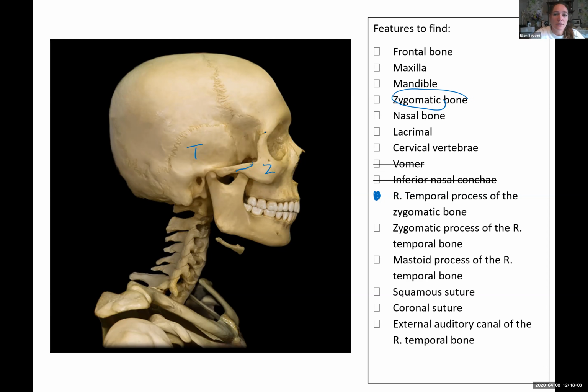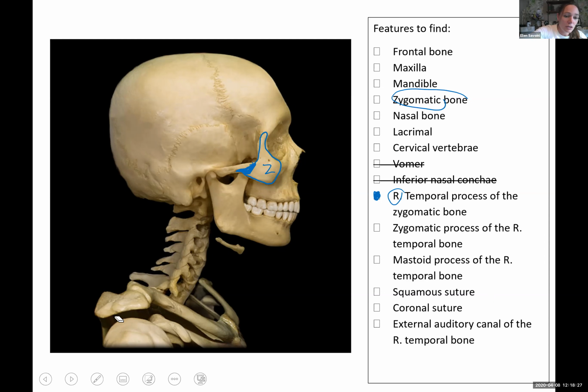So I'm going to outline the zygomatic bone, and then I'm going to color in dark blue the temporal process of, in this case, the right temporal process, because it's the right side of the zygomatic bone.